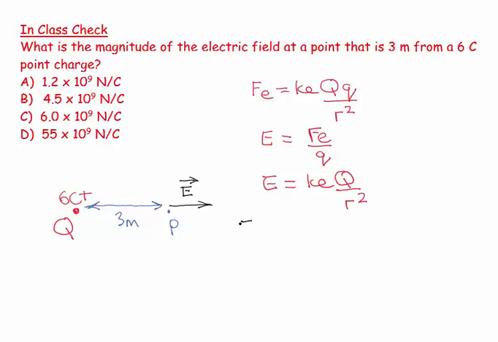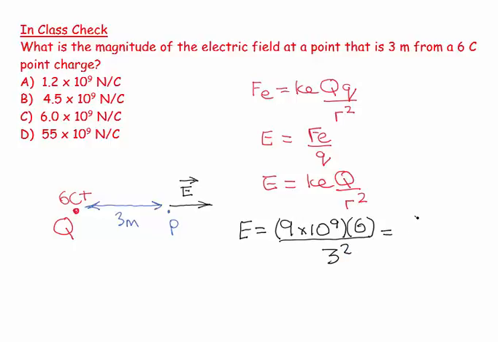So this is going to be E is equal to, sometimes in a test I will let my students leave Ke as part of their answer, but in this case I want them to work out the number, so it would be 9 times 10 to the 9. That's the value for Coulomb's constant. And in this case Q is going to be 6 because it's 6 coulombs, and then R is going to equal 3, and we square it.